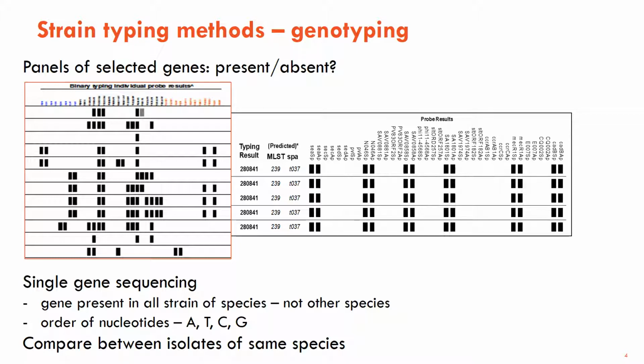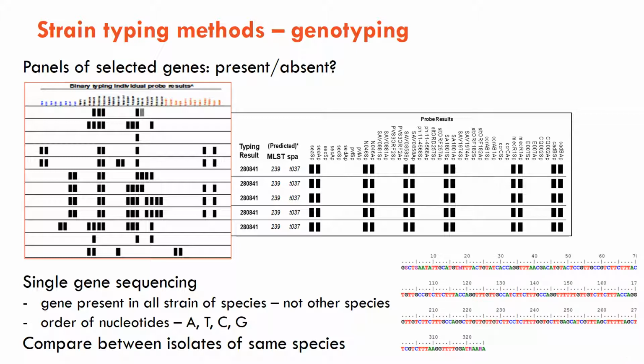And again, if a sequence from different isolates show significant differences, we can infer that they're different strains. But if they're identical or extremely similar, they may be part of an outbreak. But still, we can't be absolutely sure.